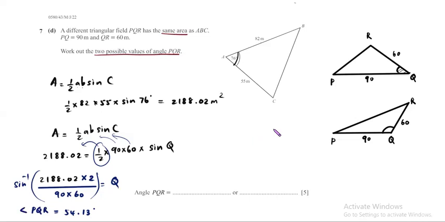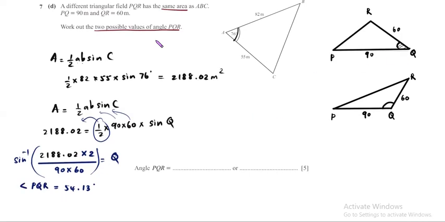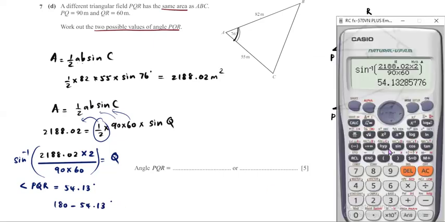But in the question, we are requested to find two possible values for PQR. I have drawn two different diagrams here for this triangle PQR, which means angle Q can be an acute angle, as well as an obtuse angle. To find the other angle, we subtract the 54.13 that we got from 180 degrees.